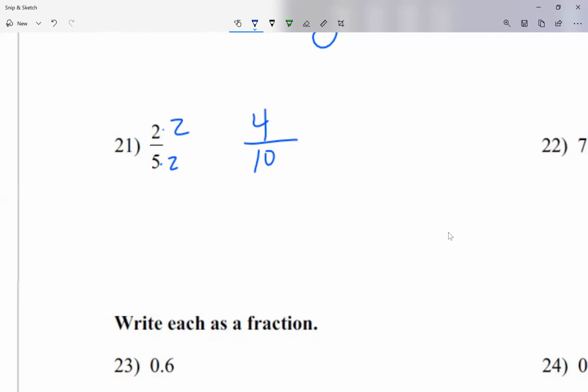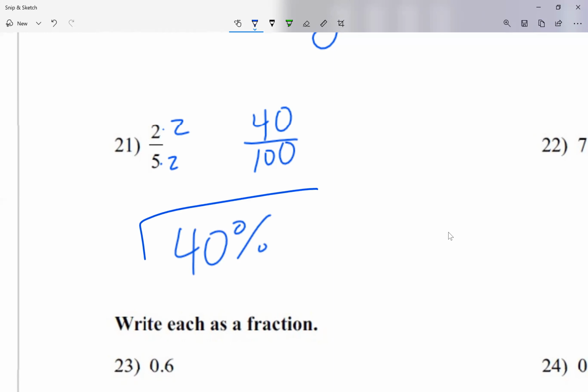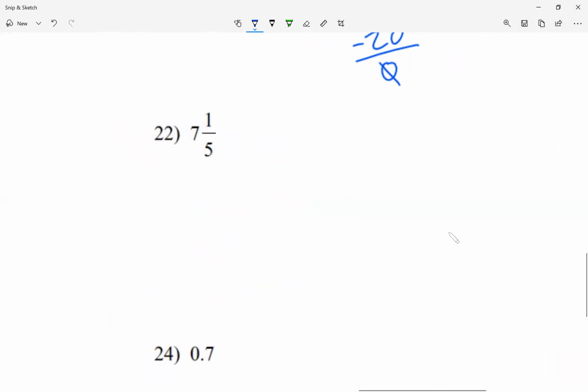Now, percent means over 100. So let me add a 0 on top and add a 0 at the bottom. Technically, that means I multiply by 10, right? When I add a 0, that basically means multiply by 10. So I have 40/100. So that's going to give me 40%. Percent means over 100, right? For every 100.